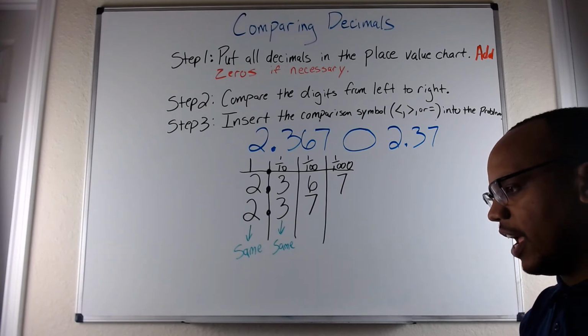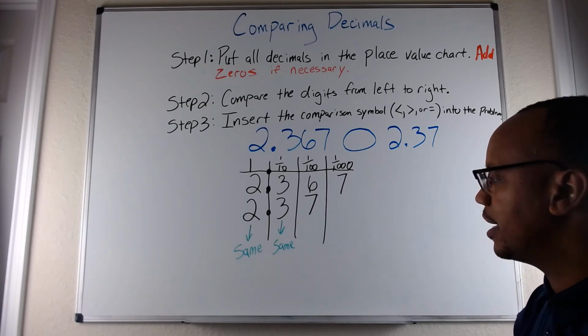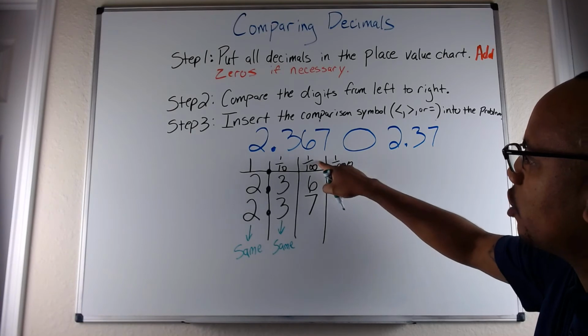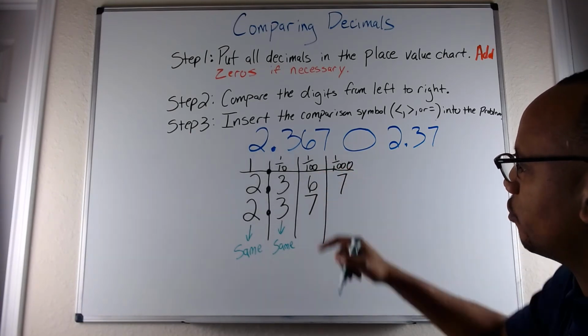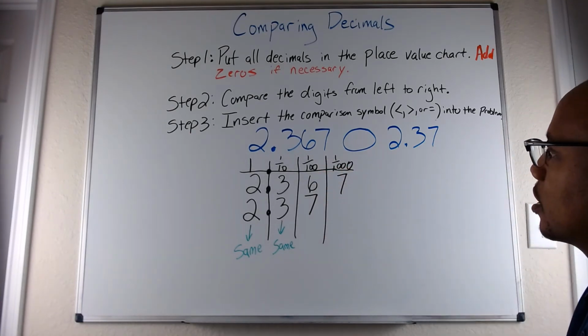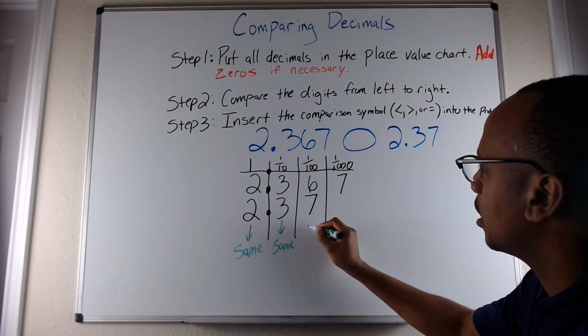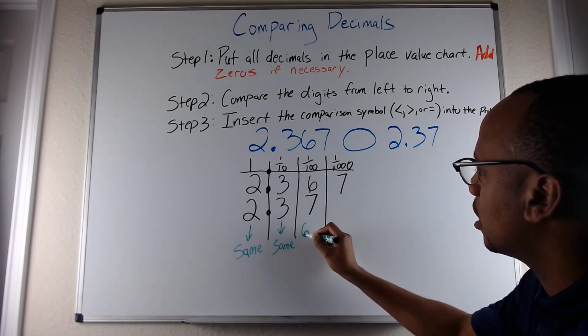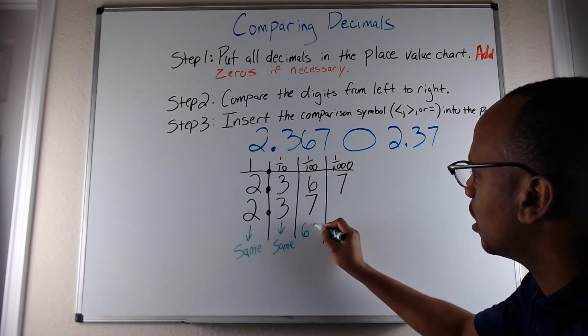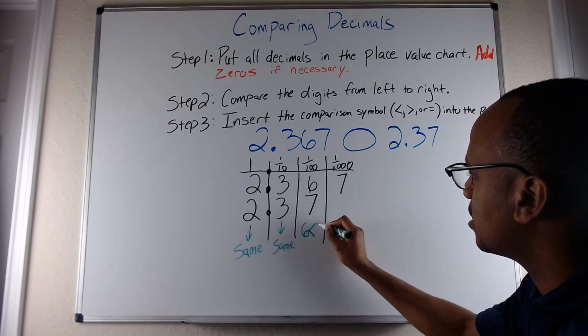Now, if I look in the hundredths place, I have 6 hundredths and I have 7 hundredths, right? Which means 6 hundredths is less than 7 hundredths.